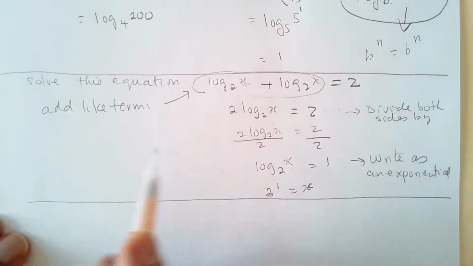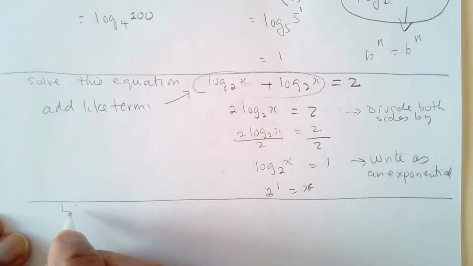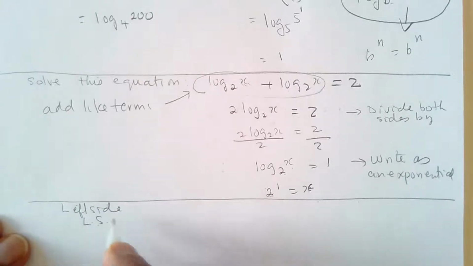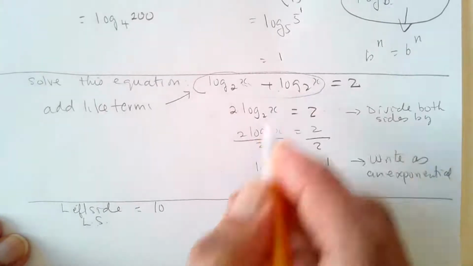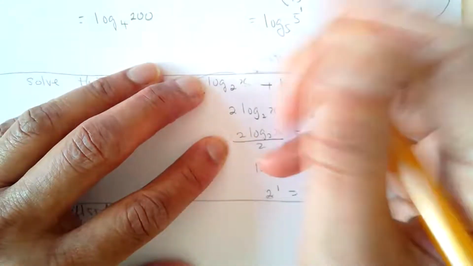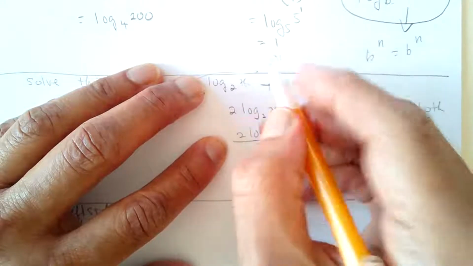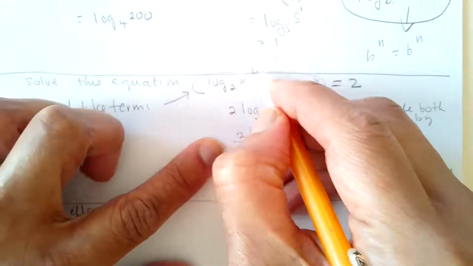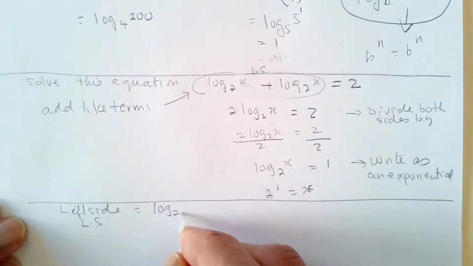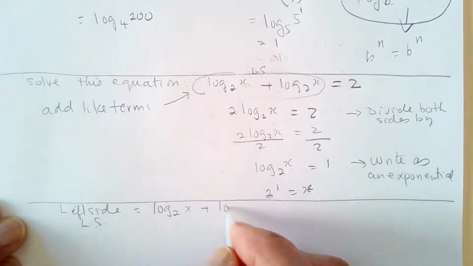So let's look at the left side here. The left side is log base 2 of x plus log base 2 of x.